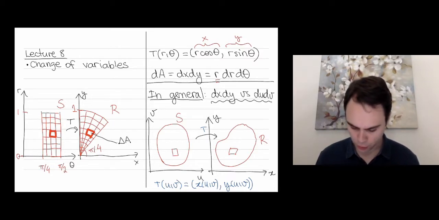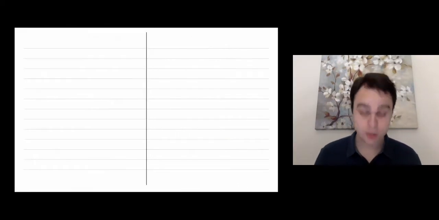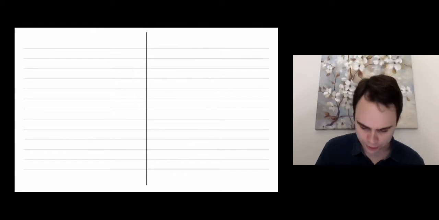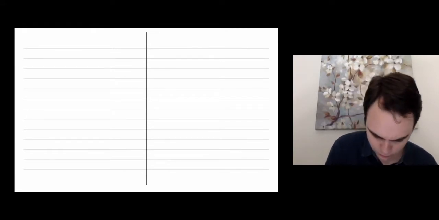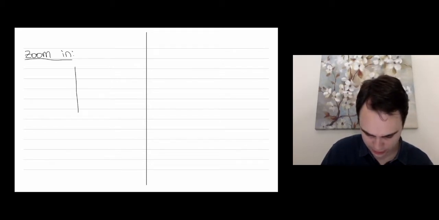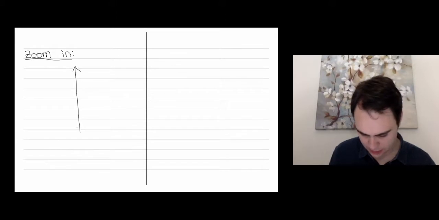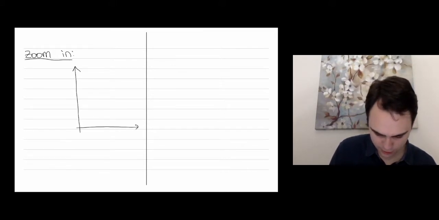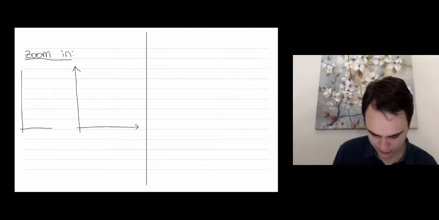I'm going to zoom into this, just like when we were discussing surface area. So let's zoom in. On one side we have the xy plane, and on the other side we have the UV plane.